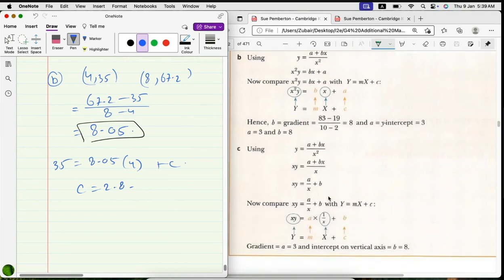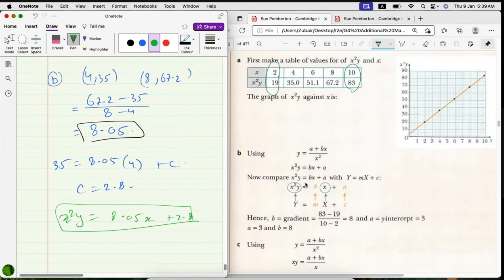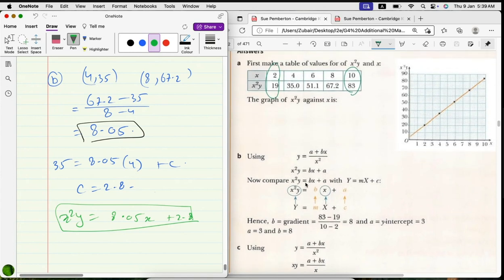So we would just write our values, whatever we've used. So x square y is equal to 8.05x plus 2.8, because the examiner will understand from the points that we selected.